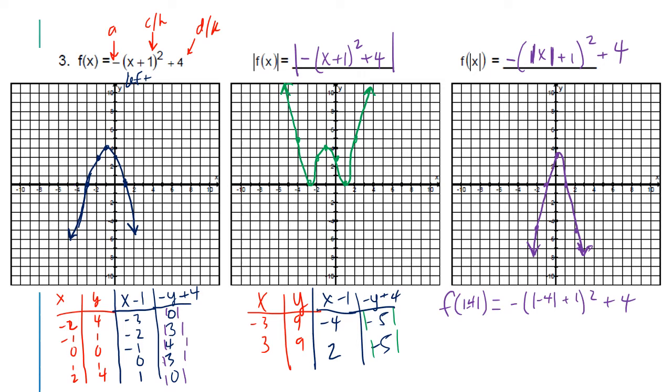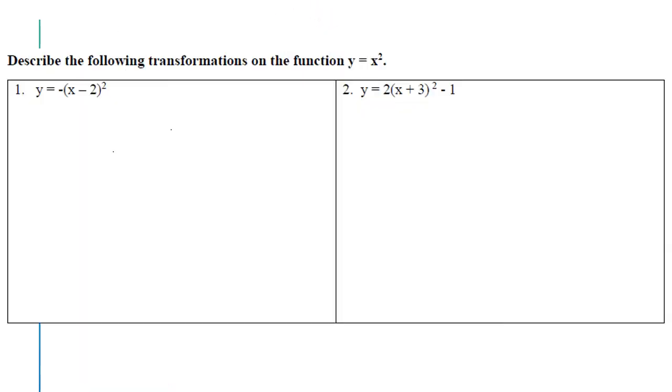But if the numbers aren't as easy to plug in or you don't want to have to think like that, you can just use the fact that whatever's happening less than 0, they're going to mimic all of their positives. So they're just going to reflect, reflect, reflect. That's essentially what it's telling you to do. Okay? So, all right, that completes that.